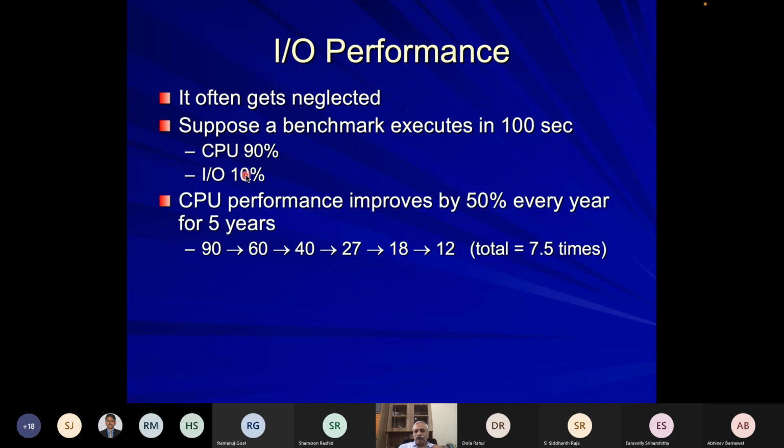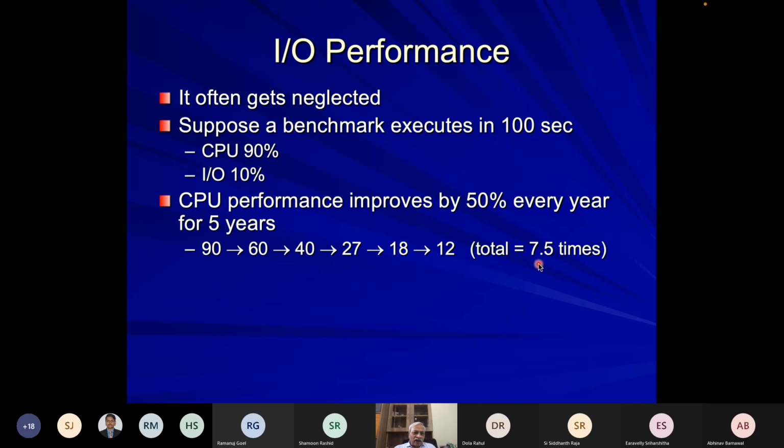and if you improve the processor, suppose you look at how CPU has been improving over the years, and every year, let's say the improvement is by 50% in terms of speed. Over 5 years, there has been an improvement of about 7.5 times.